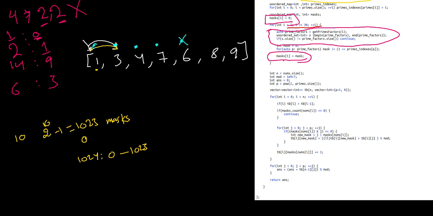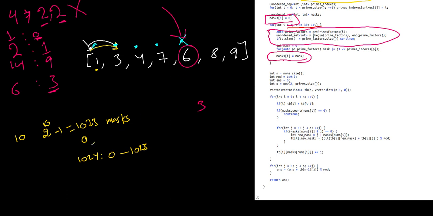Now, to calculate for this value, for this index, for example, we have value 6, and the mask of 6 is 3, so we have mask 3.